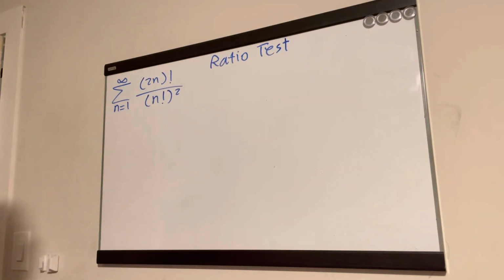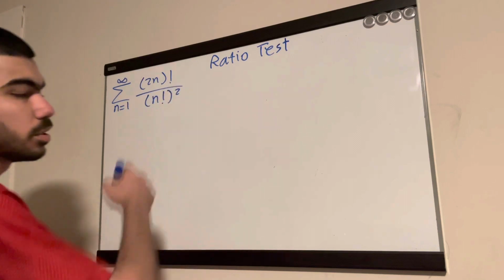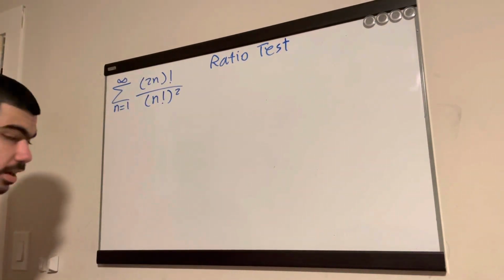For the series (2n)! over (n!) squared, we're going to use the ratio test because we have factorials.